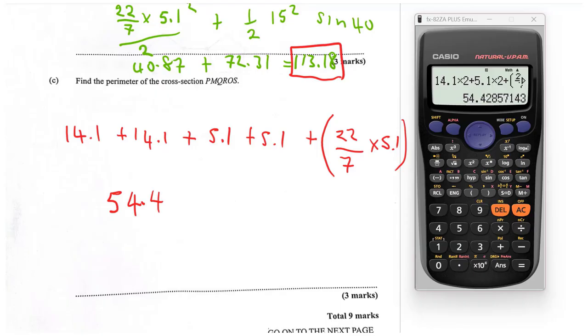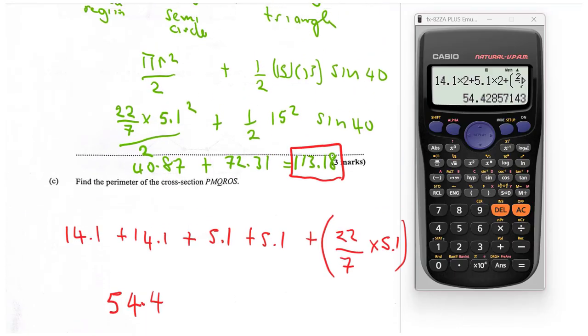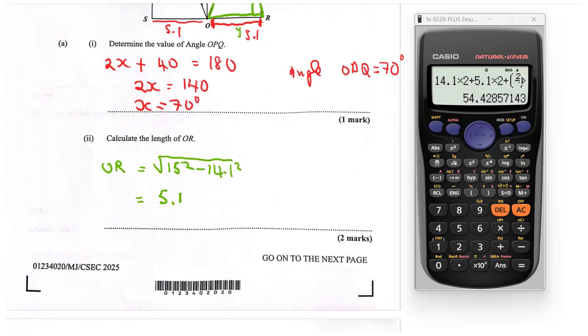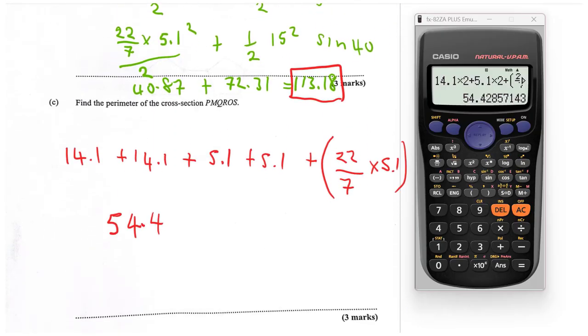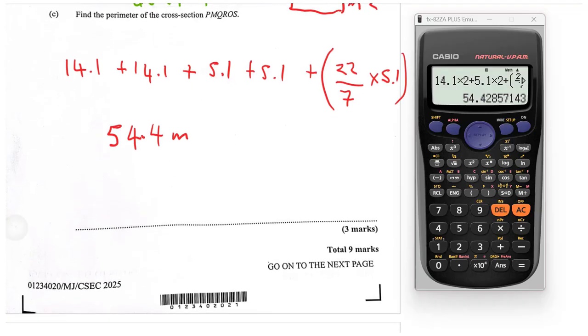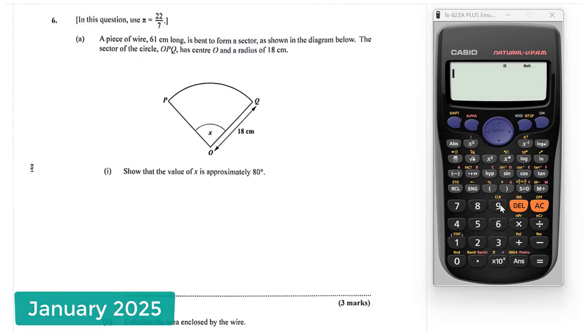Now, let us ensure that we have our units. Our unit is supposed to be in meters. Let's ensure that our area is in meters squared. So this is the perimeter of the cross section PMQROS.